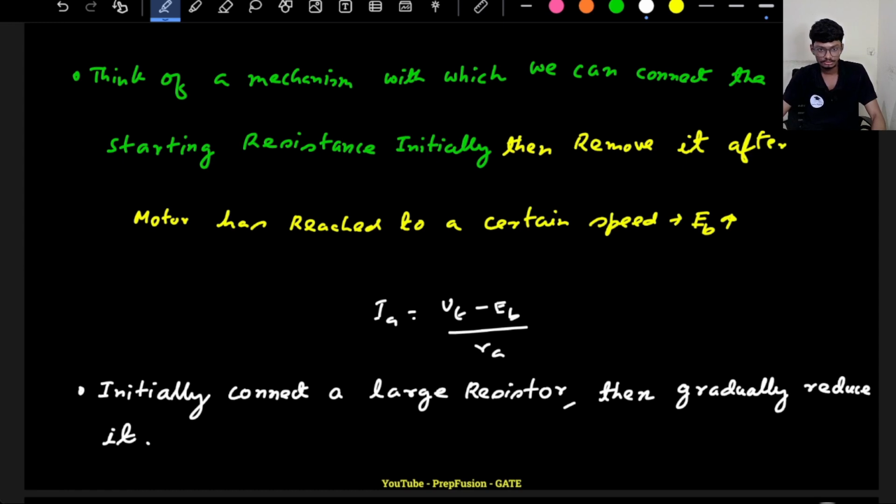That is the case that you have to understand. So gradually reduce it to 0.